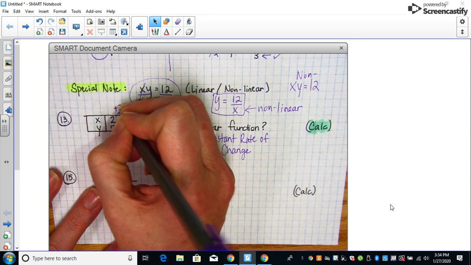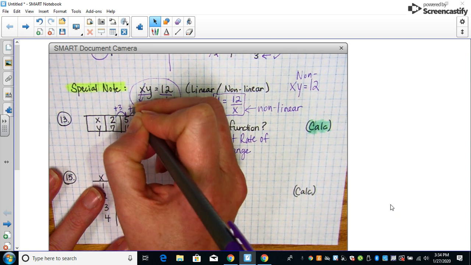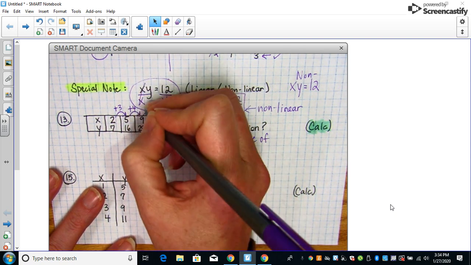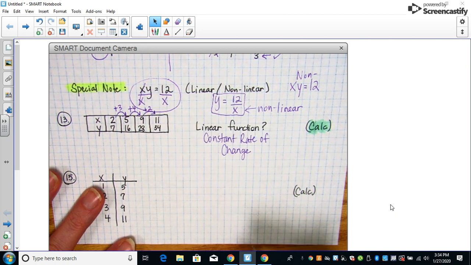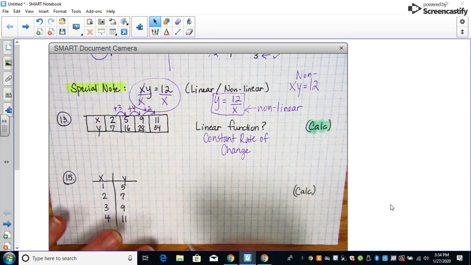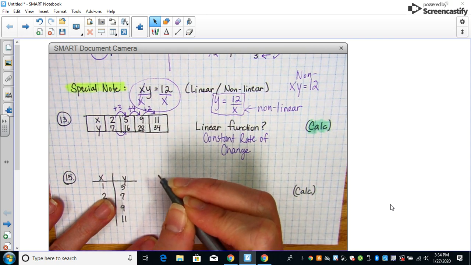That is a plus 3. From 5 to 9 is a plus 4. From 9 to 11 is a plus 2. So you're automatically probably telling yourself that is not a straight line. That is not a constant rate of change. But you have to be super careful, and let's make sure that it's consistent all the way through.